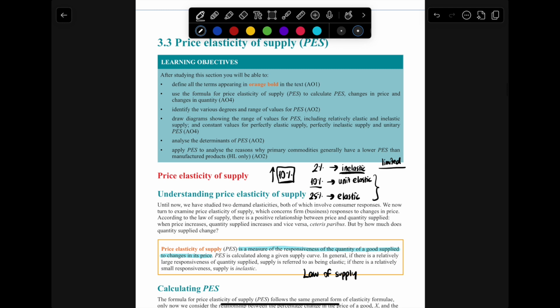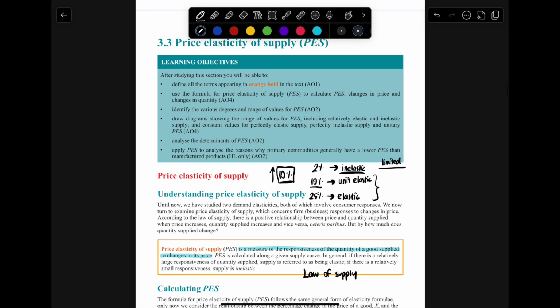However, the second possibility could be that the quantity increased by 10% for some producers. So this is very proportional to the price change. So we would say that the reaction is proportional and it's unit elastic because they still reacted. They are still flexible, like they changed the quantity supplied according to the price increase by 10%. And the last possibility could be that the quantity increased by 25 or even maybe 50%.